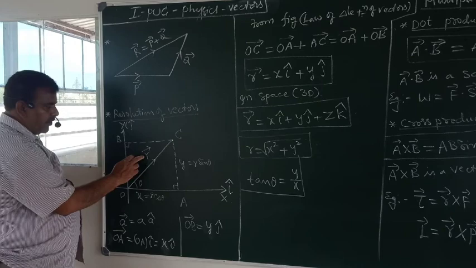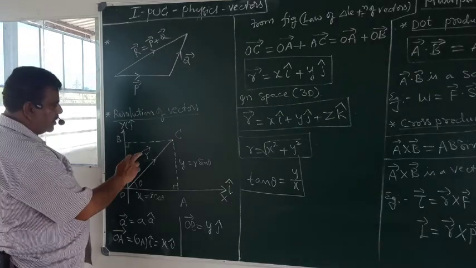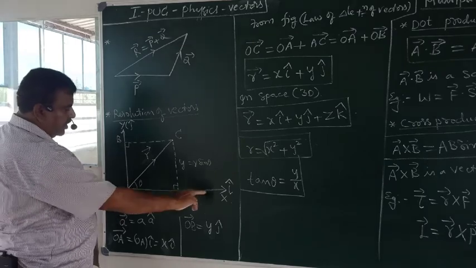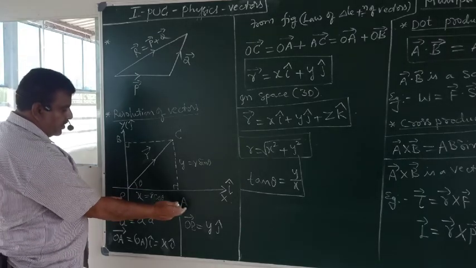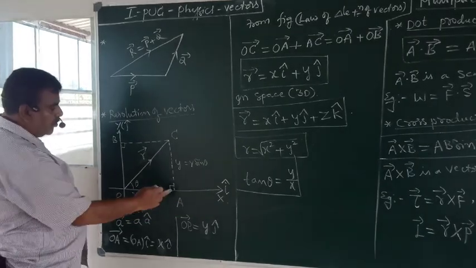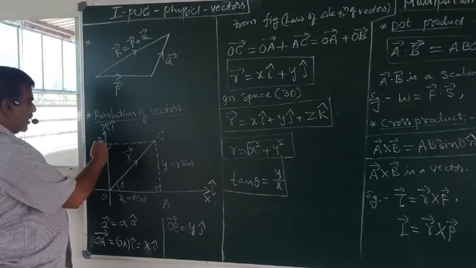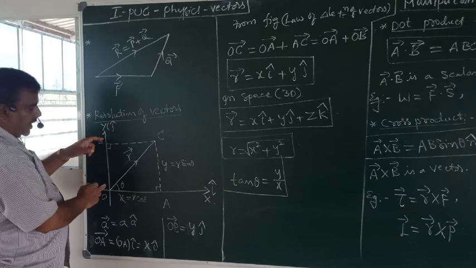Suppose this is a vector r. The component of the vector along the x-axis is OA. The component of the same vector along the y-axis, if I drop two perpendiculars along the y direction, I will get OB.